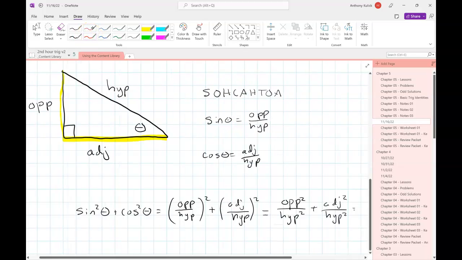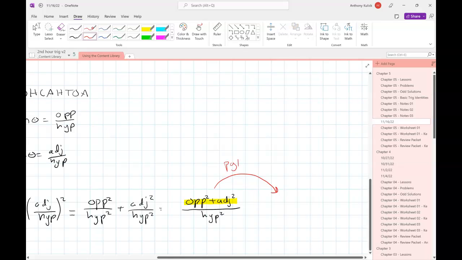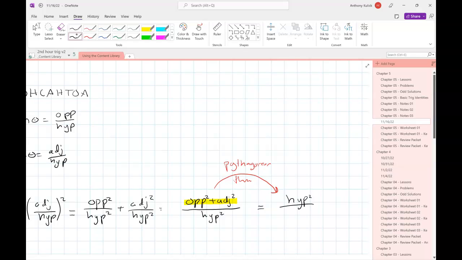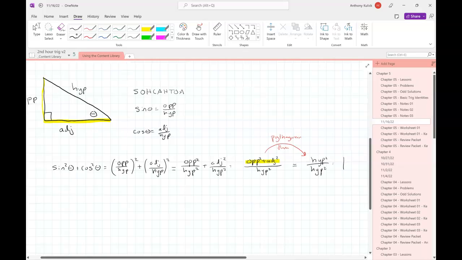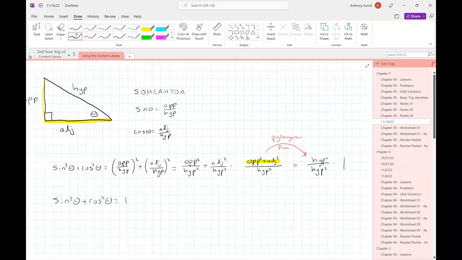In this case, that is hypotenuse. And what's hypotenuse squared over hypotenuse squared? 1. So if I take this together, I can say that sine squared theta plus cosine squared theta is equal to 1.